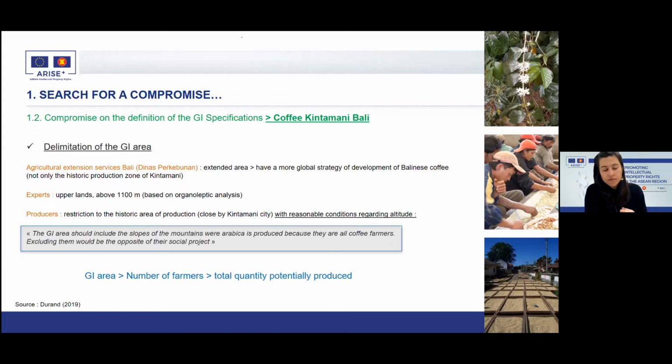And as for many GIs, the definition and delimitation of the area of production is really a burning issue, because when you make this delimitation, it will impact the final number of producers that you have. And so it will also impact the total quantity that you can potentially produce with the stamp of the GI.